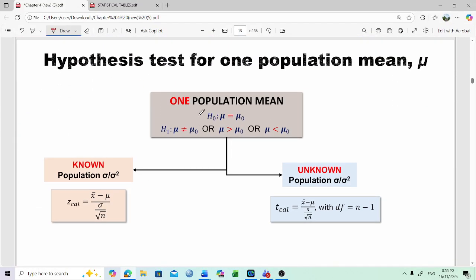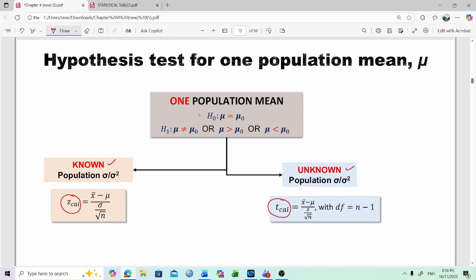The test statistic will have a different formula depending on the case. Is the population variance known or unknown? Because if it is known, you will use the Z test statistic. If it is unknown, you will use the T calculation.